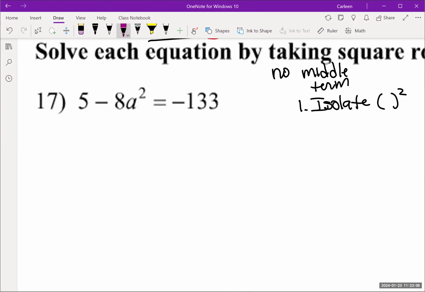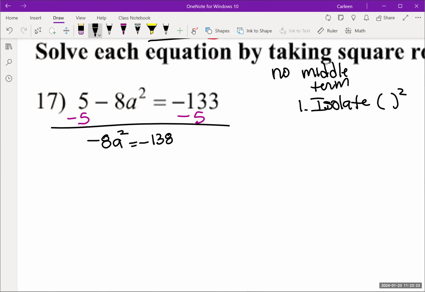Step 1, subtract 5. Okay, this one's messy. Next step, divide by -8.